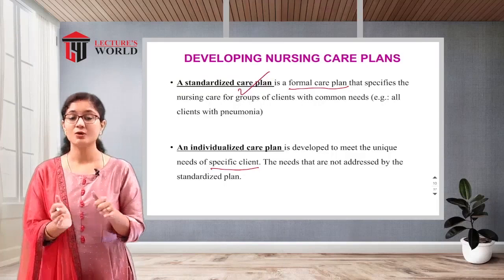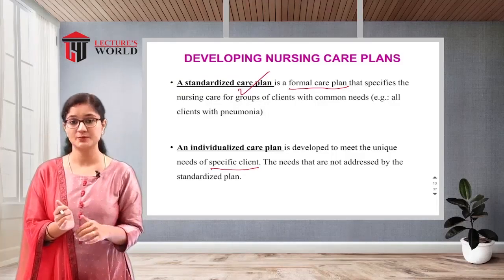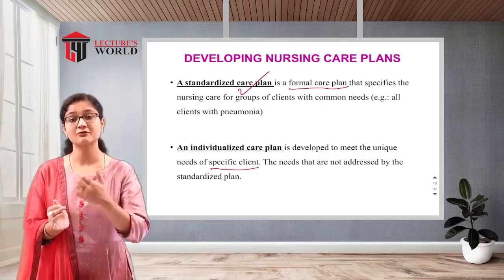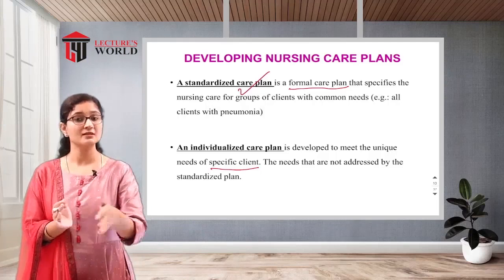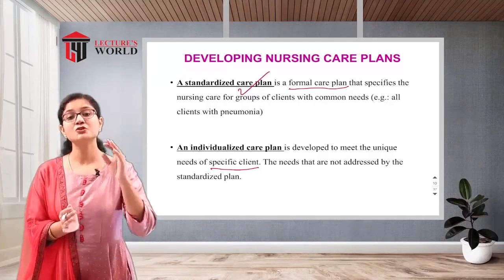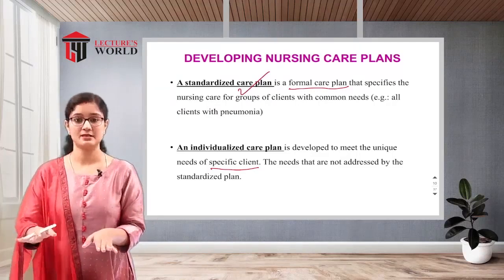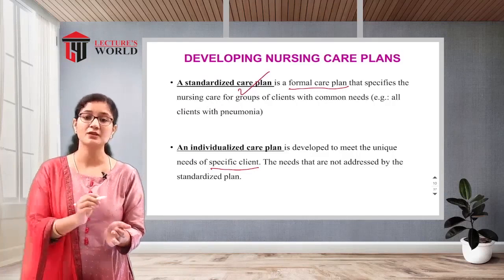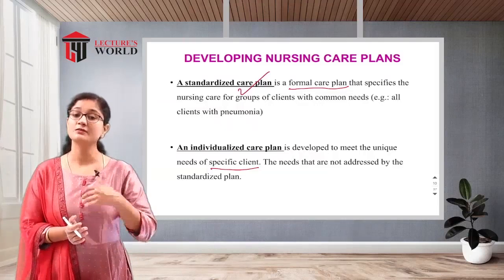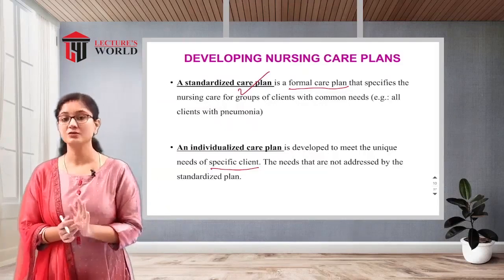Now, this is the patient, these are the complaints of the patient, and you go back home and refer to books and see that for a dengue patient, these are the different nursing diagnoses, these are the different interventions. So you refer to a standardized care plan to make an individualized care plan. Aap book refer karoge and from that you make it for your patient, which is related to your patient. There will be many diagnoses given in the book, but what is applicable for your patient, that you can write down.